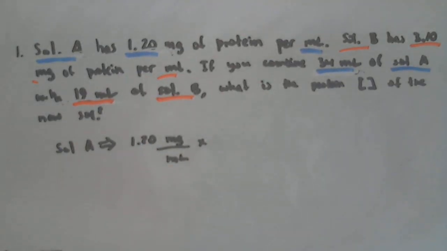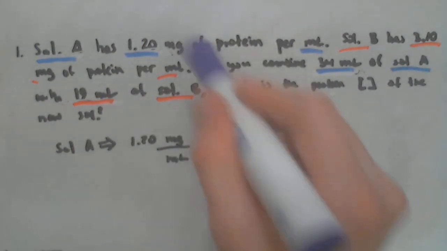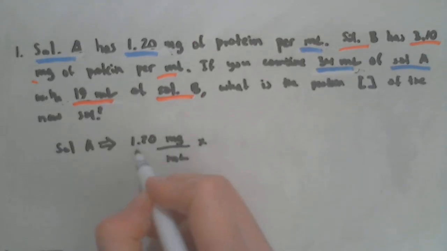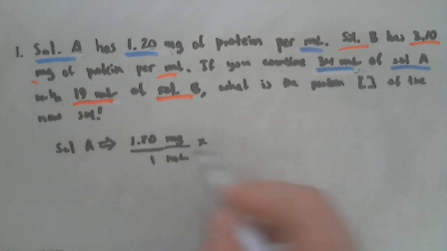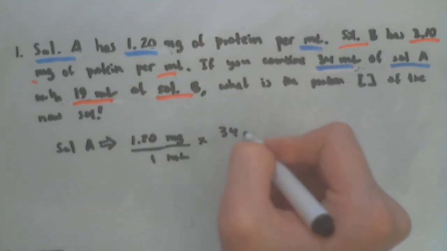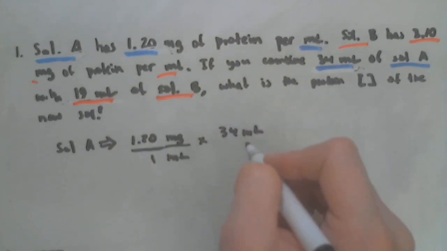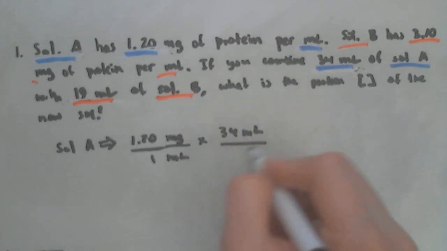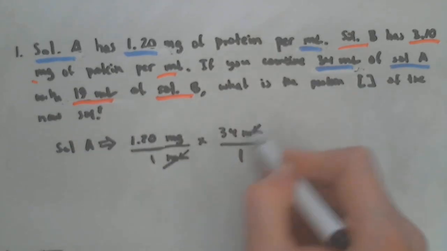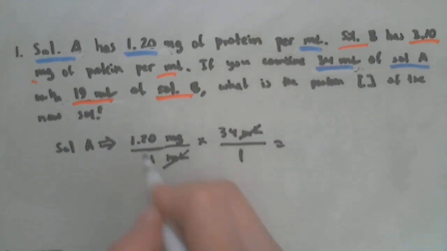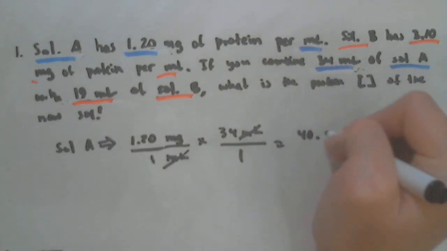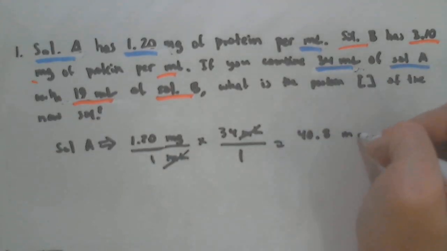So now we're working with solution A. We have 1.20 milligrams of protein per 1 milliliter, times 34 milliliters. The milliliters cancel out. Then we have 1.20 times 34, and that gives us 40.8 milligrams.